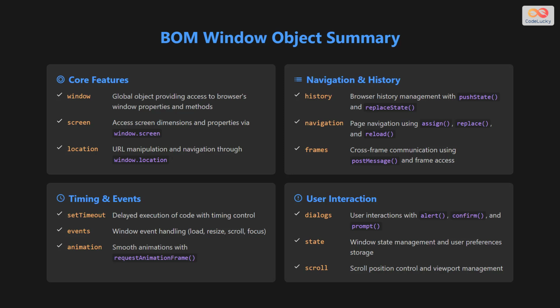The various timing methods like setTimeout and setInterval help with delayed and periodic execution. The window object provides support for browser events like load, scroll, resize, and focus. The window object also helps in cross-frame communication and user interactions with dialogs, user preferences, and scroll position. This comprehensive set of APIs makes the window object essential for web development.